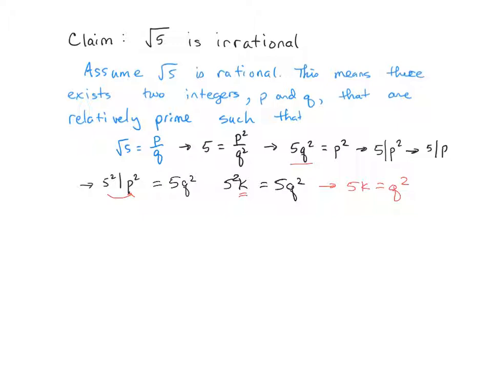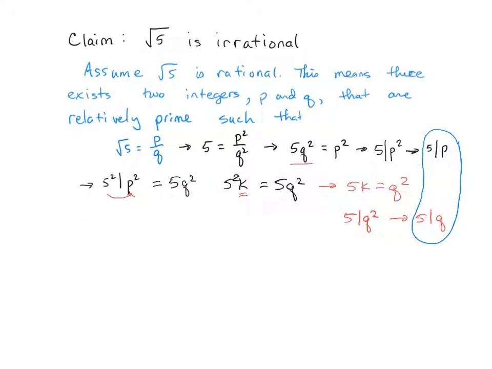But going back to what we said earlier, we are basically saying that 5 times a number equals q squared, which means that 5 divides q squared. And like our previous argument, that also means then, because 5 is a prime number, that 5 must divide q. And this becomes our contradiction.